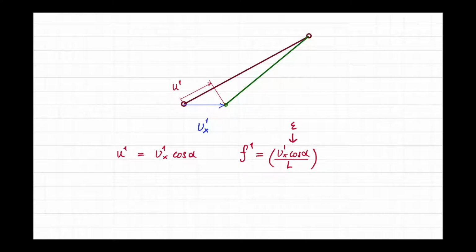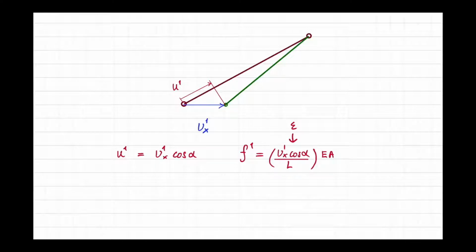And then to get stress you multiply by E. To get the force you multiply by A. Now you get force F1. Force F1 has to be along the axis of the member.